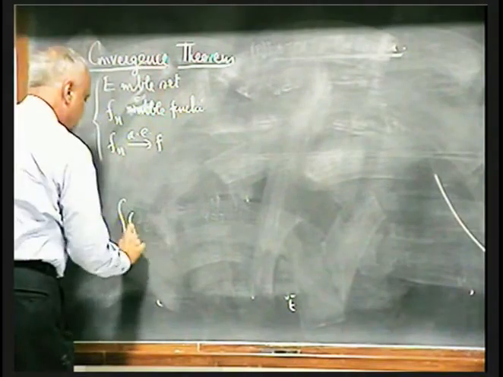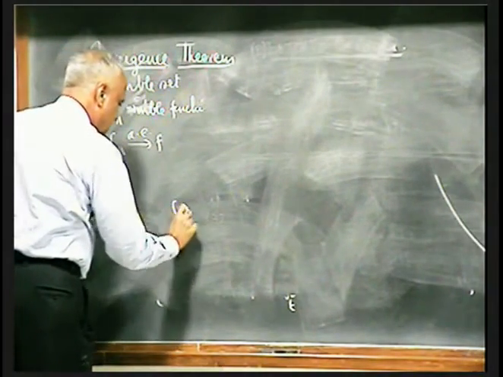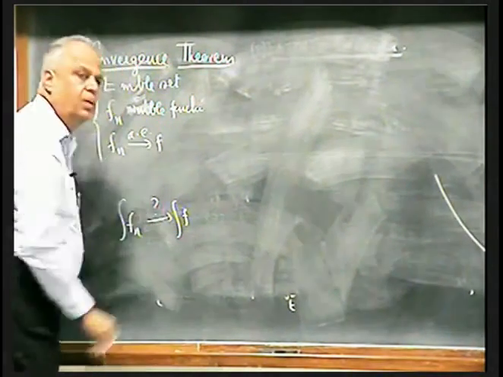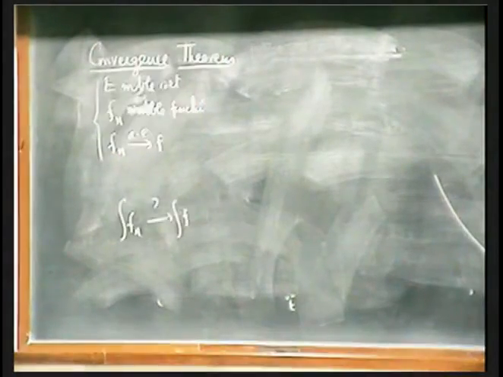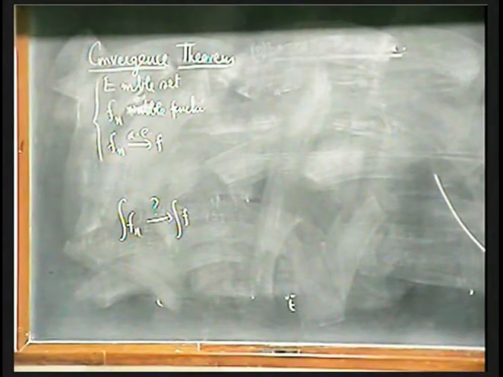I want to question whether integral Fn will converge to integral F. Now, if you look at the bounded convergence theorem, even there we wanted to put some additional hypothesis. We wanted all the Fn's to be bounded by one constant m. Why did we want that constant m?